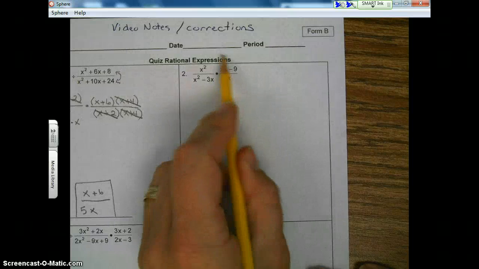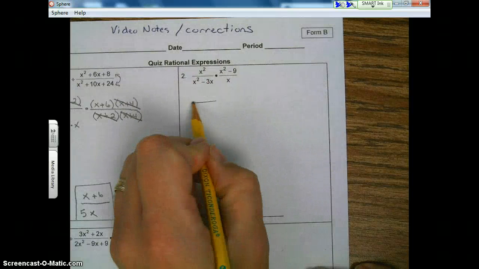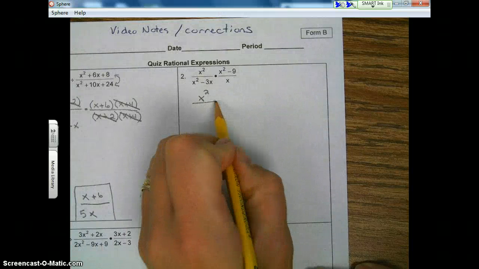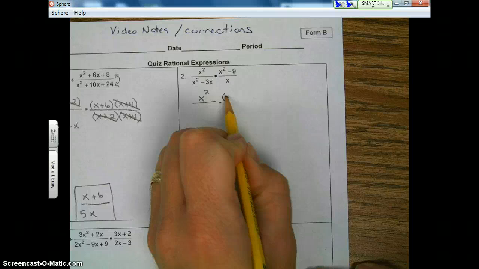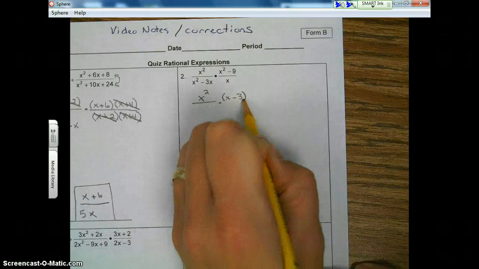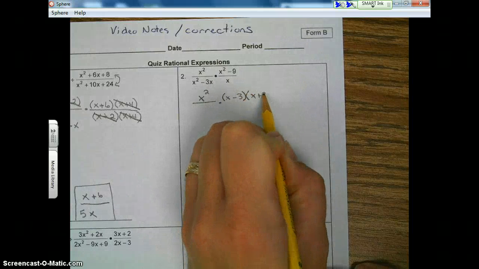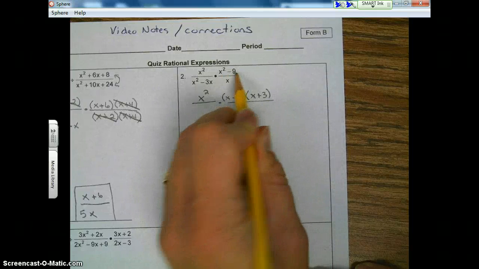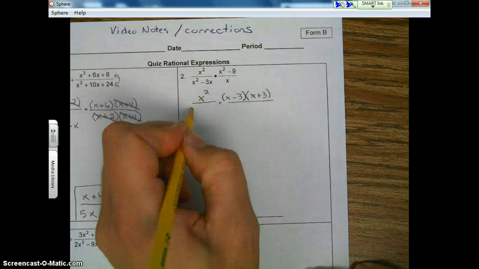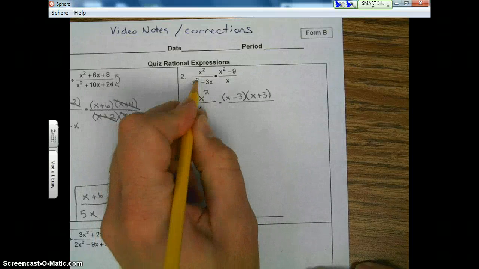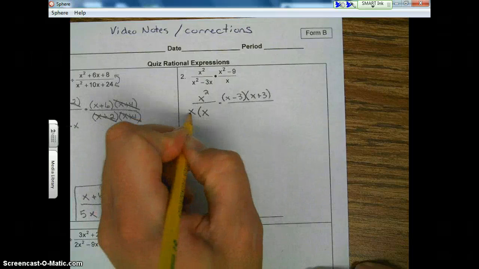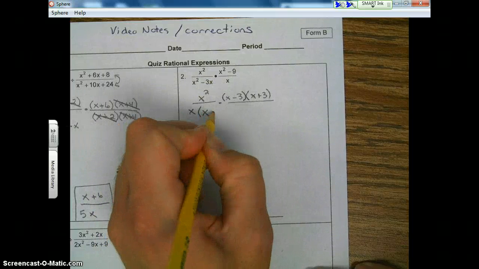Okay, let's take a look at number 2. Multiplying, so we factor everything. So the x squared stays the same. This will factor to x minus 3, x plus 3. Difference of two perfect squares. Factor out an x out of this. So I took an x away from two of them, so I have an x remaining. If I take an x away from an x, I don't have any x's left.